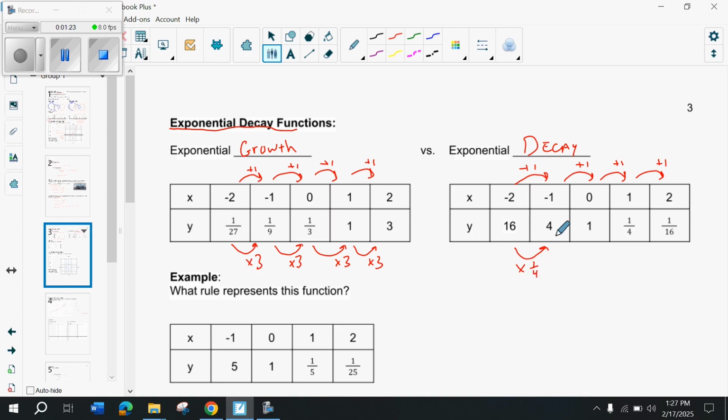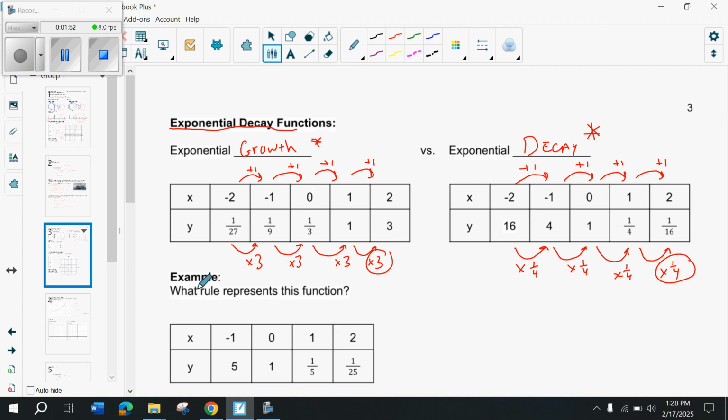Notice that I'm multiplying by a fraction for exponential decay. So here, to go from 4 to 1, I would be multiplying by 1/4. Here to here, multiplying by 1/4. And here to here, I'd be multiplying by 1/4. This right here is showing me that my function is going to end up being exponential decay. Whereas if this were a whole number, it's going to be exponential growth. All right?